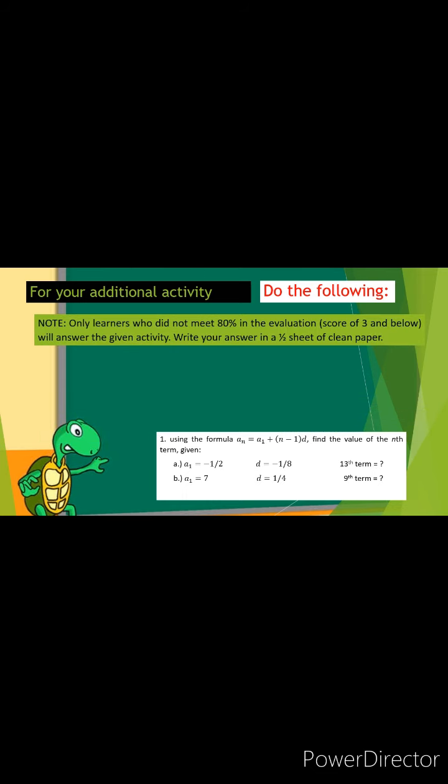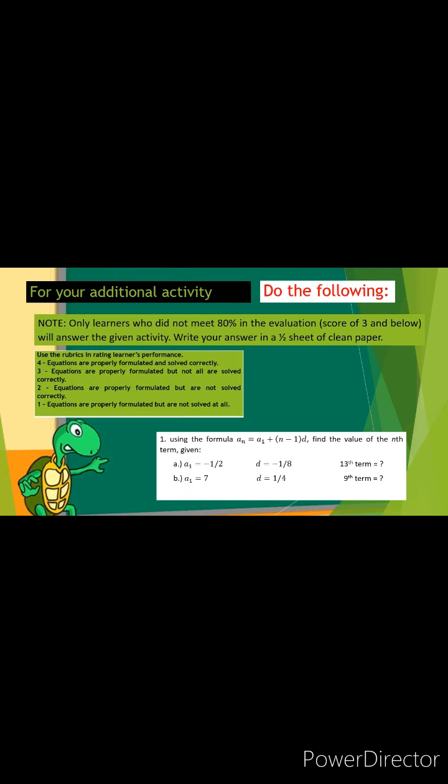Take note, only learners who did not meet 80% in the evaluation or have a score of 3 and below will answer the given activity. Write your answer in a 1/2 sheet of clean paper. You may use the rubrics in rating learners' performance.